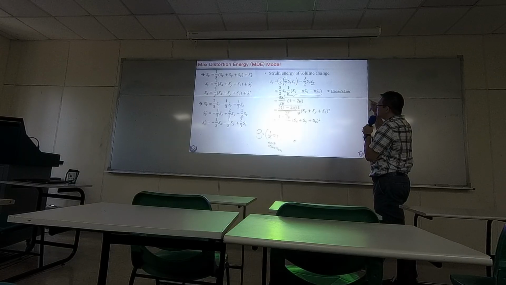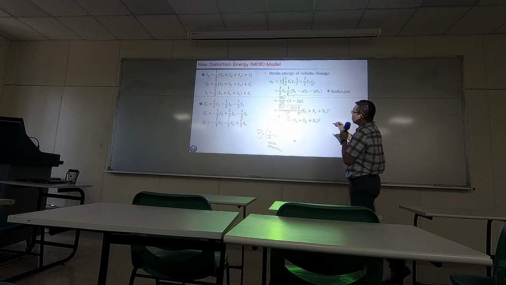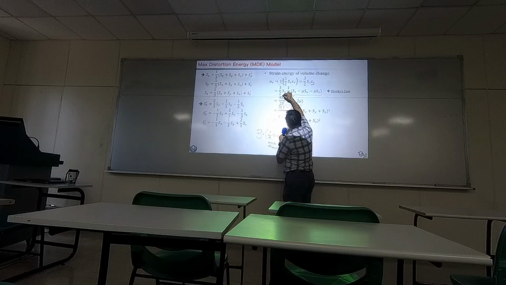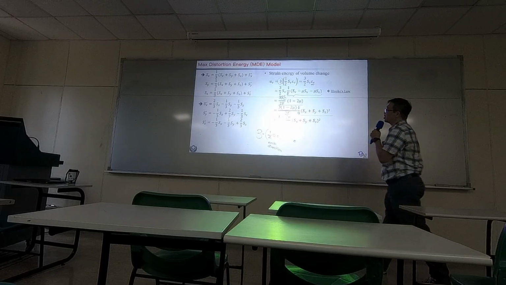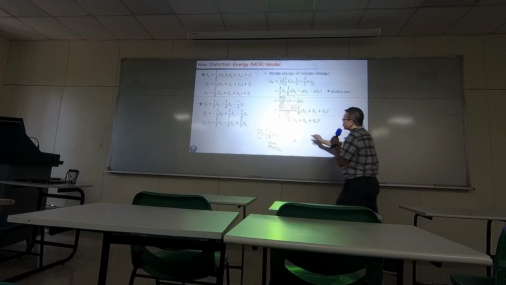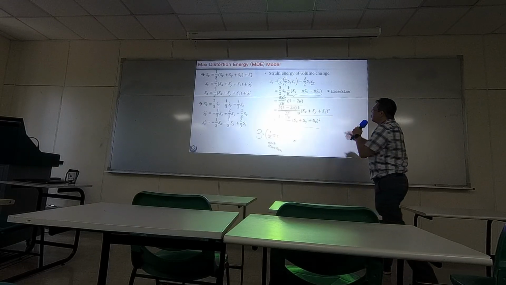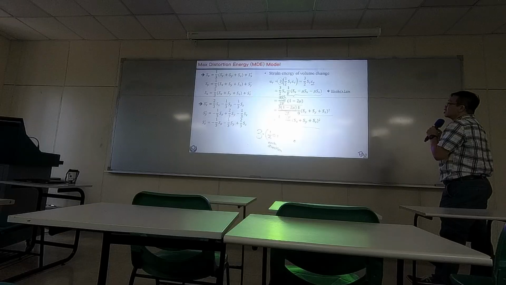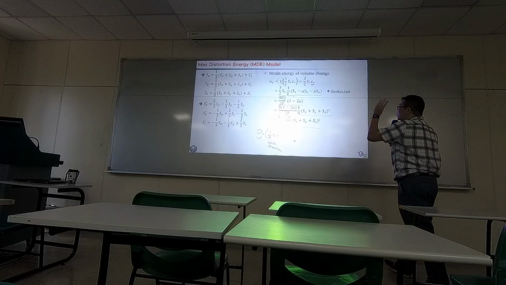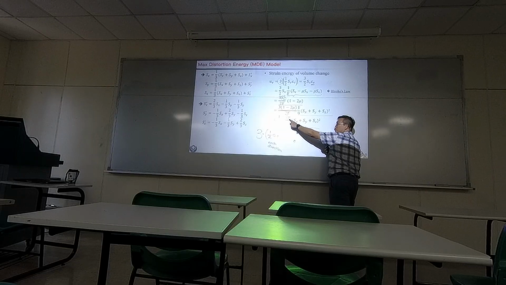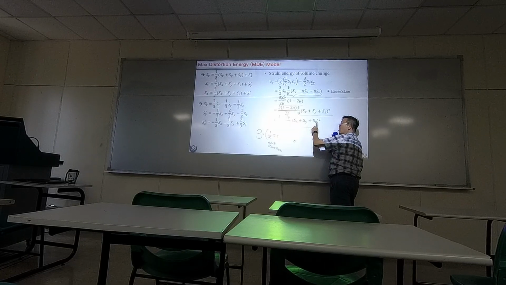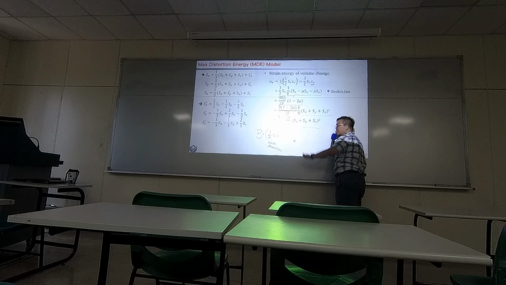And you already know the value of SV. You plug in the SV, so you end up with a new equation right here. After reorganizing all the terms, the strain energy for pure volume change ends up with this equation. Over here, you do have the Poisson's ratio term, and you have the principal stresses along all three directions.